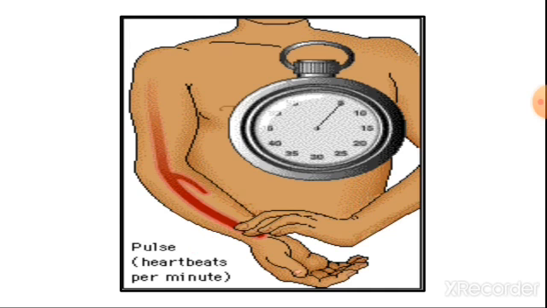These throbbing movements are called the pulse, and it is due to the blood flowing in the arteries. You have to count the number of pulse beats in 1 minute. The number of beats per minute is called the pulse rate. A resting person usually has a pulse rate between 72 and 80 beats per minute.